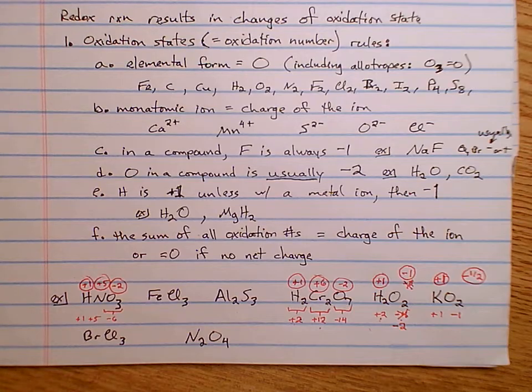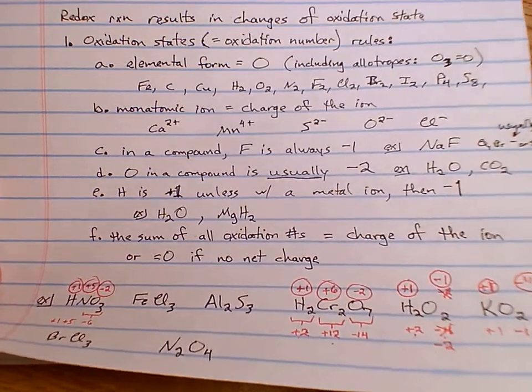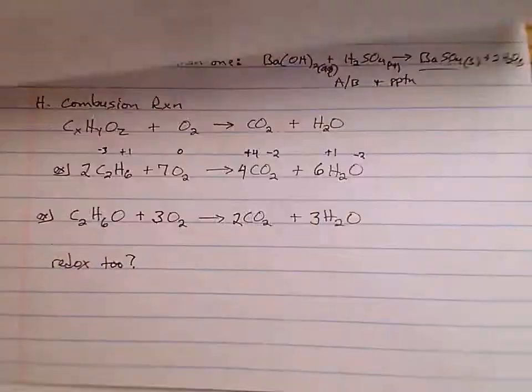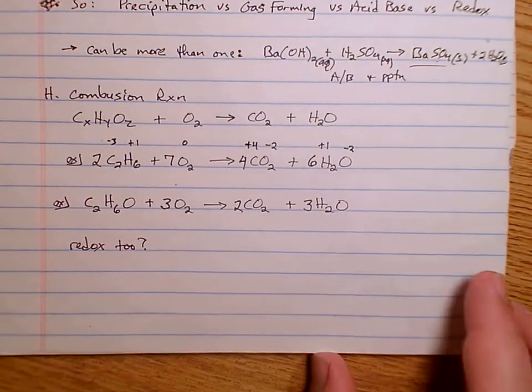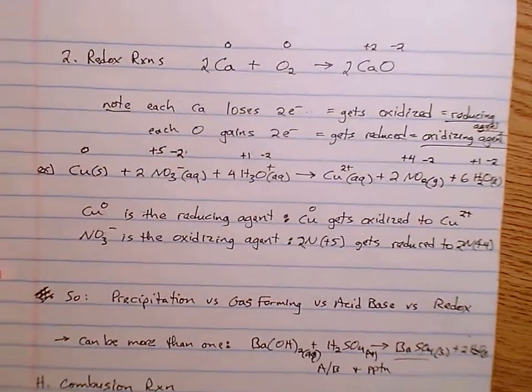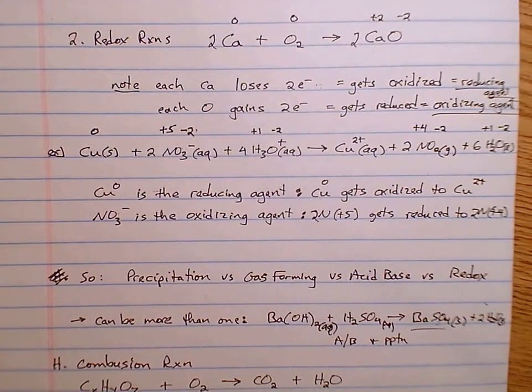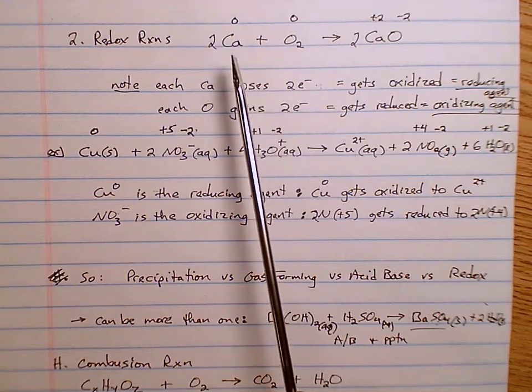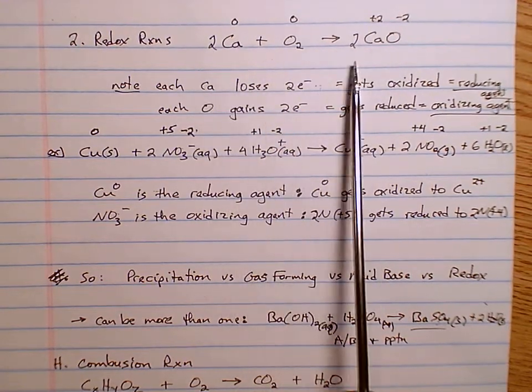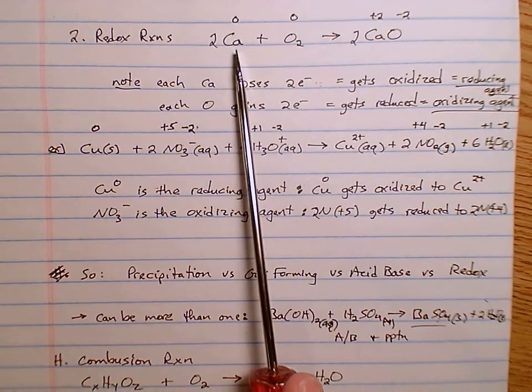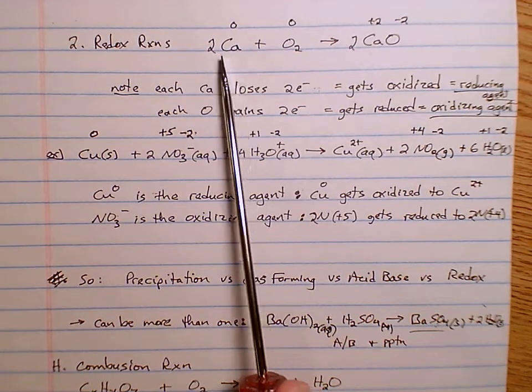All right, so those are our rules for oxidation states. Remember those. A few more definitions. When you have a redox reaction, the oxidation and the reduction both have to be happening. So note in this very simple redox reaction, the calcium is just written as calcium.